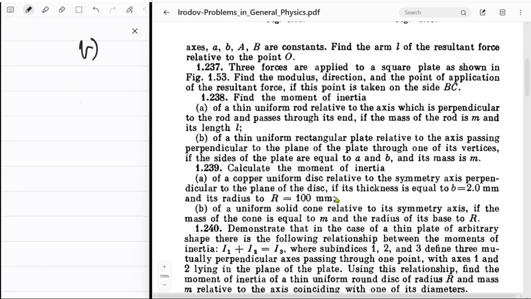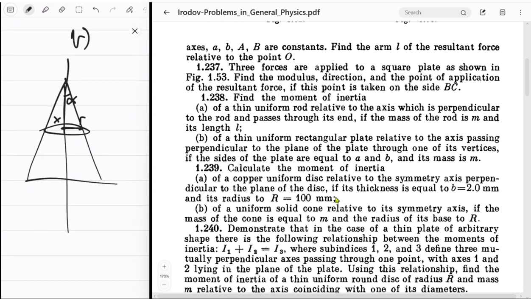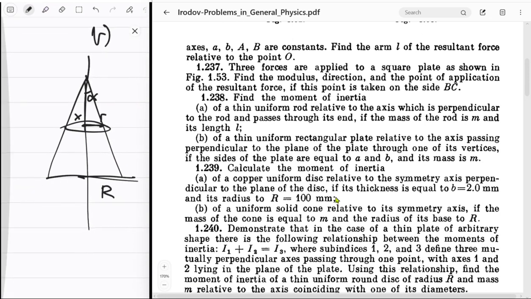Let's do it. So you've got this solid cone. This is our x coordinate. You've got some angle, let's just call it alpha. This we'll call small r. This big thing is capital R. This whole thing we'll call height h.